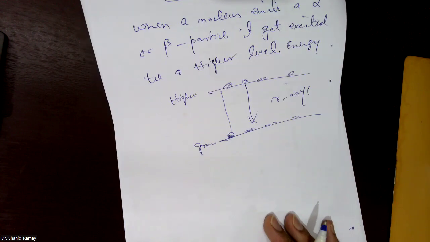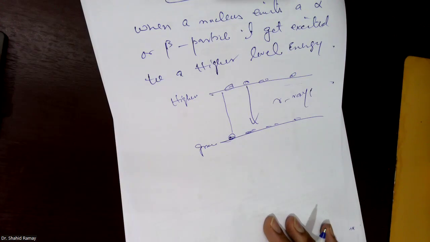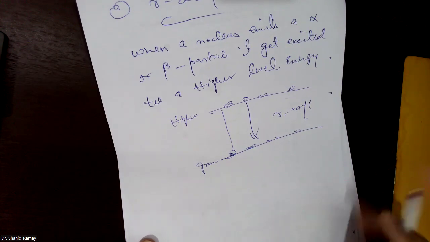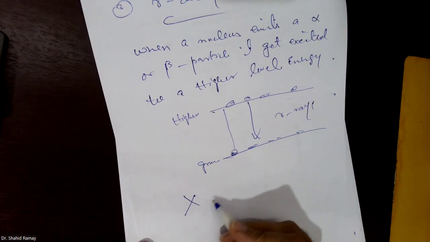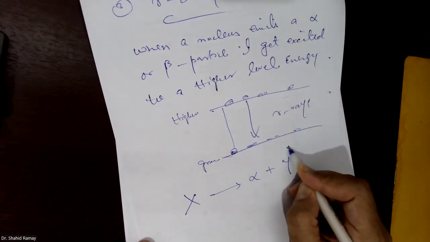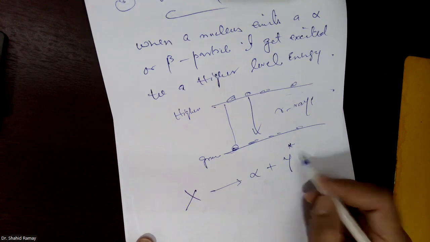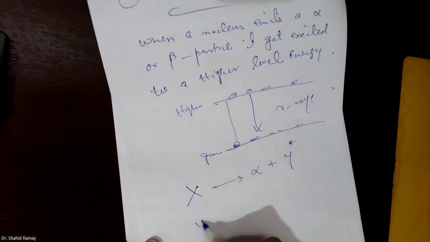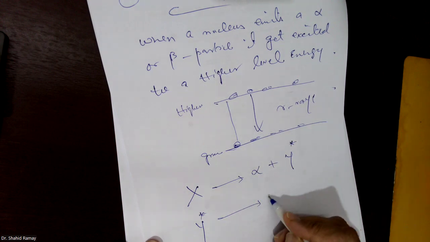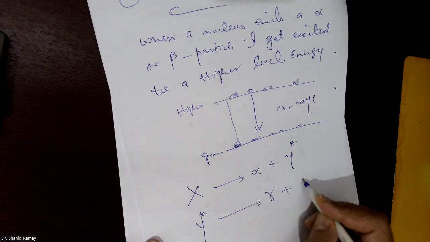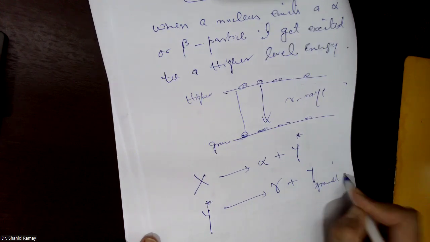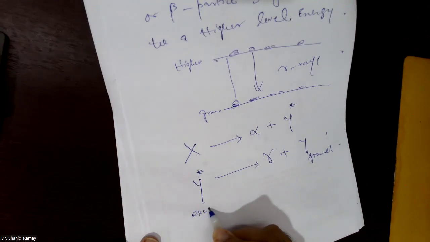So in case of gamma decay, how can we write the relation? Suppose we have X, and when alpha is emitted, it becomes excited. Star means excited state. When this excited state is de-excited, gamma is emitted and Y is stable. Again, this is the ground level, and this is excited.